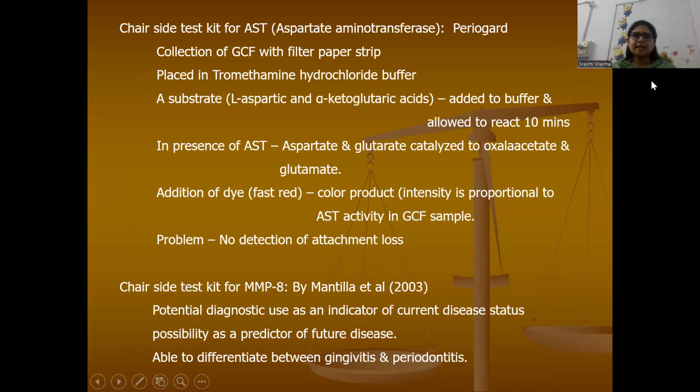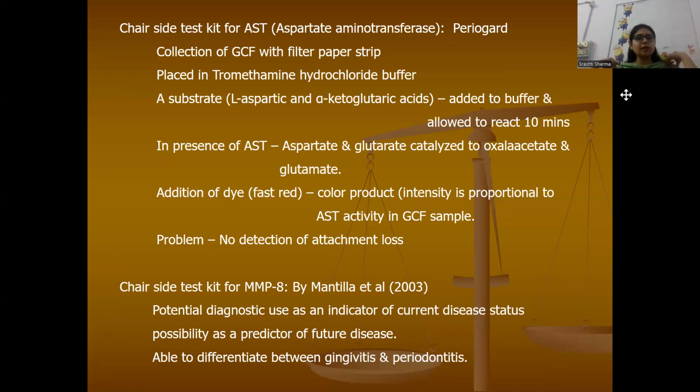So now GSI test for AST is PerioGuard. It is the collection of GCF with filter paper strip placed in tromethamine hydrochloride buffer. A substrate is added to buffer and allowed to react for 10 minutes. In presence of AST, aspartate and alpha-ketoglutarate are catalyzed to oxaloacetate and glutamate. Addition of dye. So color product intensity is proportional to AST activity in the GCF sample.